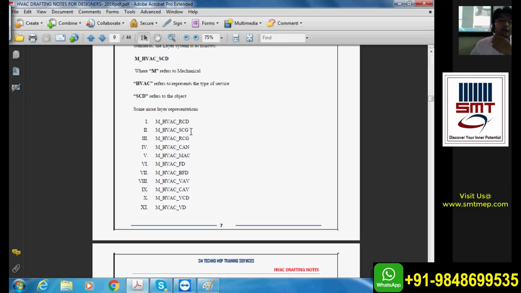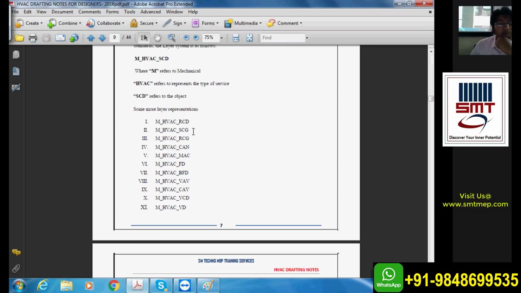After that one, MAC: machine, in brackets AHU or FCU. FD, Shravan: fire damper, right? Then after that it is written BFD. It is actually not BFD, it's only BD, butterfly damper. They wrote butterfly separately, so just eliminate F from that, it is BD.